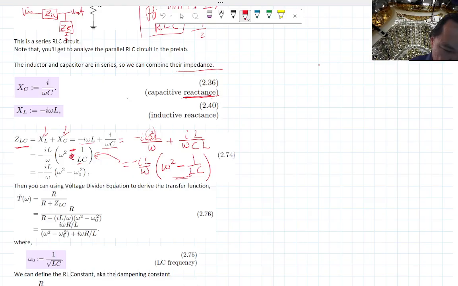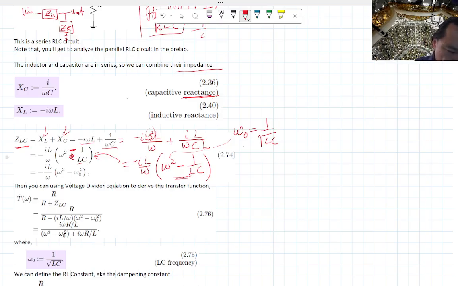What we're going to do is define the resonant frequency as 1 over square root of LC. That way, when you plug it into this equation and square it, the square root goes away, and you basically have 1 over LC minus 1 over LC, and the impedance of the LC part of your circuit goes to 0, and then your transfer function, which you will calculate next, goes to 1.